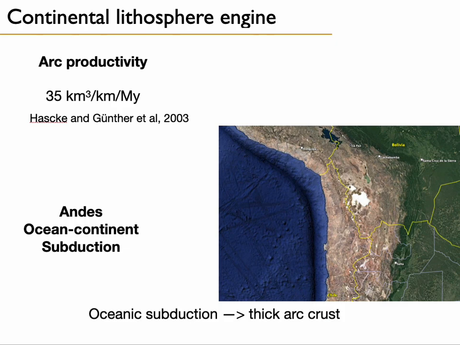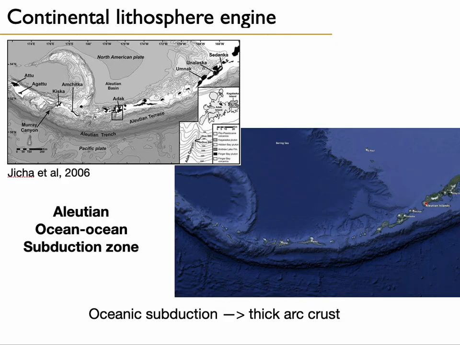So in arcs, the productivity has been estimated in several studies, and you see that in these specific cases, a productivity of 35 cubic kilometers per kilometer per million years has been estimated. Another example here would be the Aleutian ocean subduction zone, and that would be another estimate of arc production.